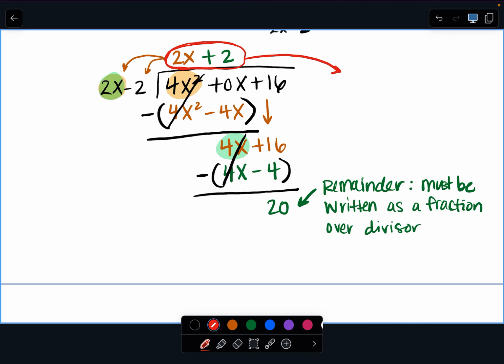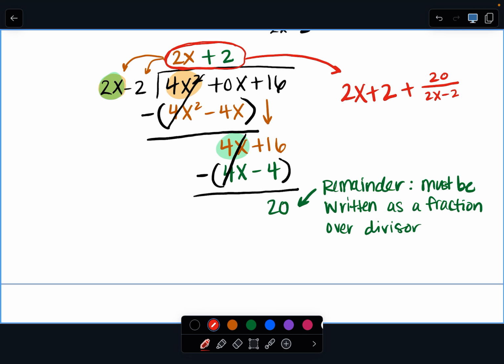And so we're going to take the 2x plus 2, but we're also going to take into account that we have a remainder. So we're going to take that remainder. It's going to be written as a fraction. The bottom part of the fraction is going to be your divisor. Now remember, the divisor is the outside number or polynomial. So in this case, 2x minus 2.